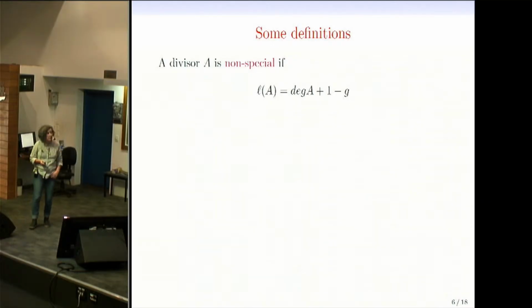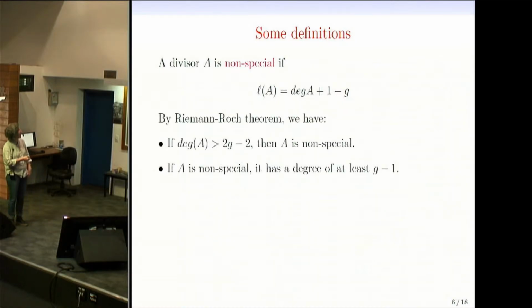I'm going to present constructions based on the existence of non-special divisors. So let's start by defining what a non-special divisor is. A non-special divisor in your function field is a divisor A such that the dimension of the Riemann-Roch space associated to A is just the degree of the divisor plus 1 minus g. By the Riemann-Roch theorem, if the degree of the divisor is larger than 2g minus 2, it's always non-special.